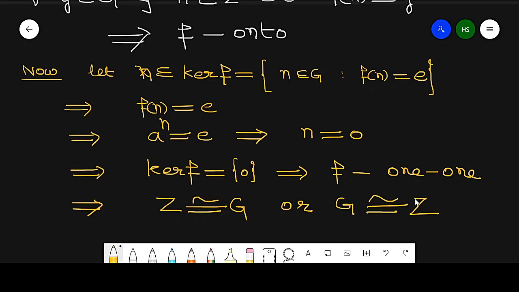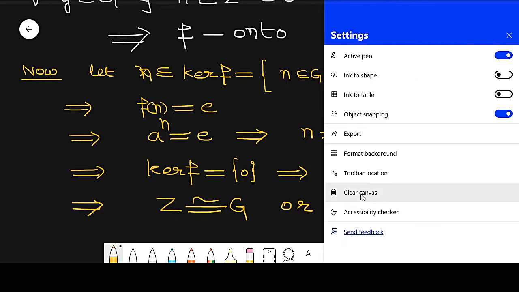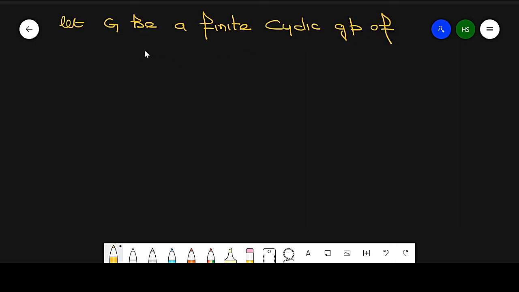Now the second part. In the second part, G is a finite cyclic group of order n. So let G be a finite cyclic group of order n.